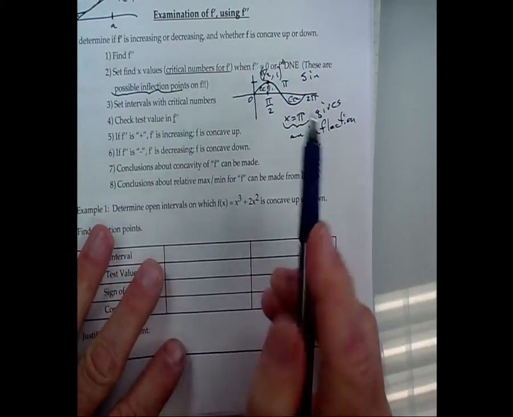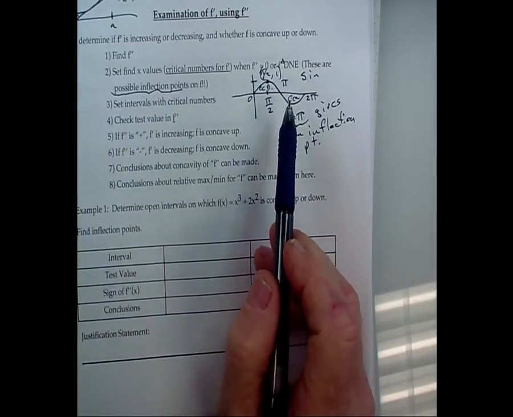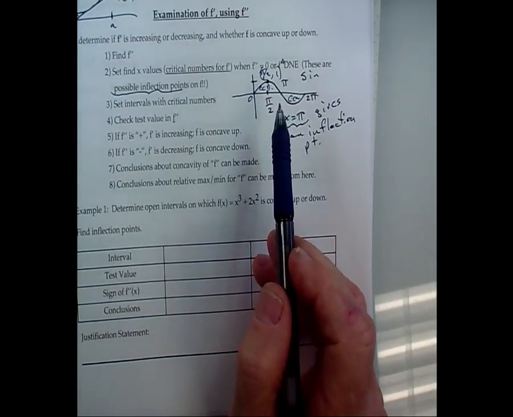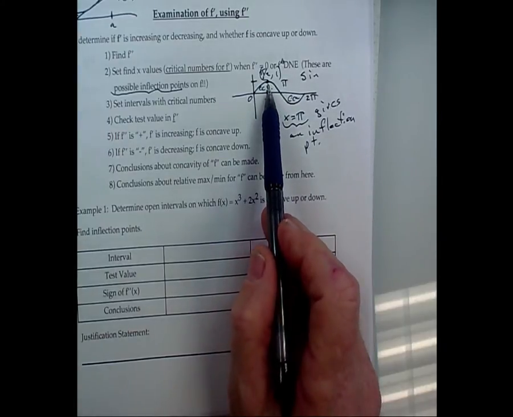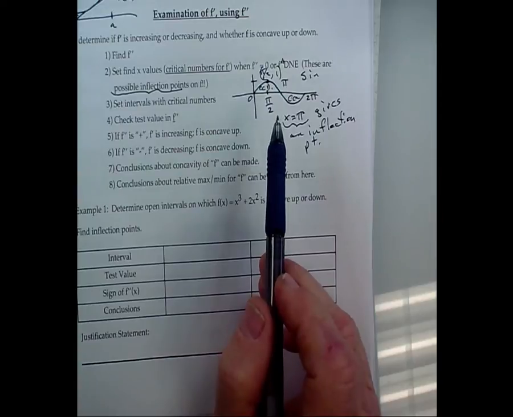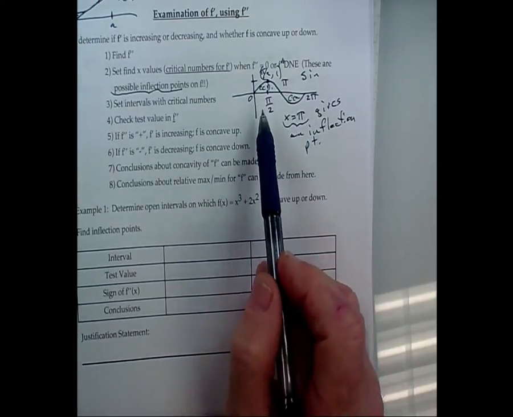It went from concave down to concave up at pi. I will show you why that is using calculus. But can you see the picture that it changed?